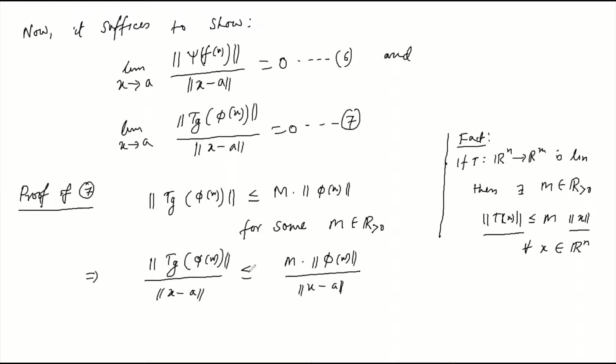And then we put the limit x tends to a on both sides. The right-hand side is equal to m times limit x tends to a of norm of phi of x over norm of x minus a, and this is equal to 0 by equation number 4.